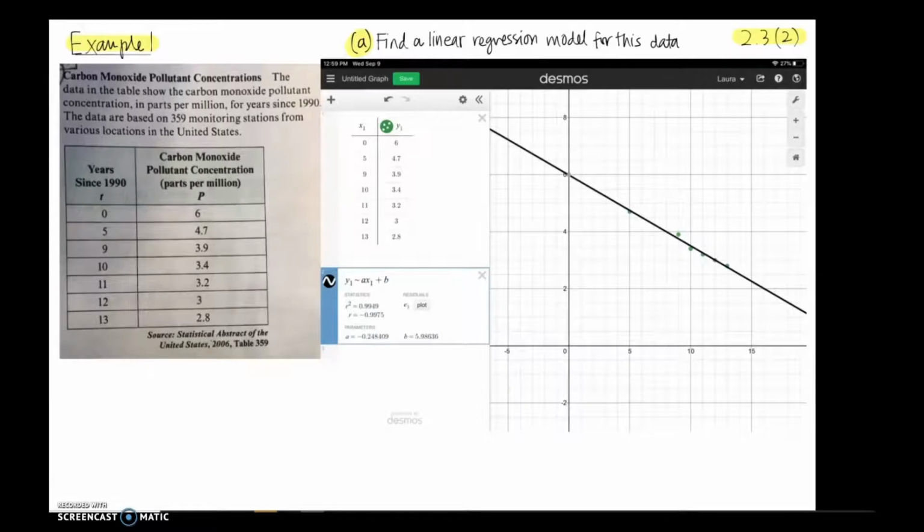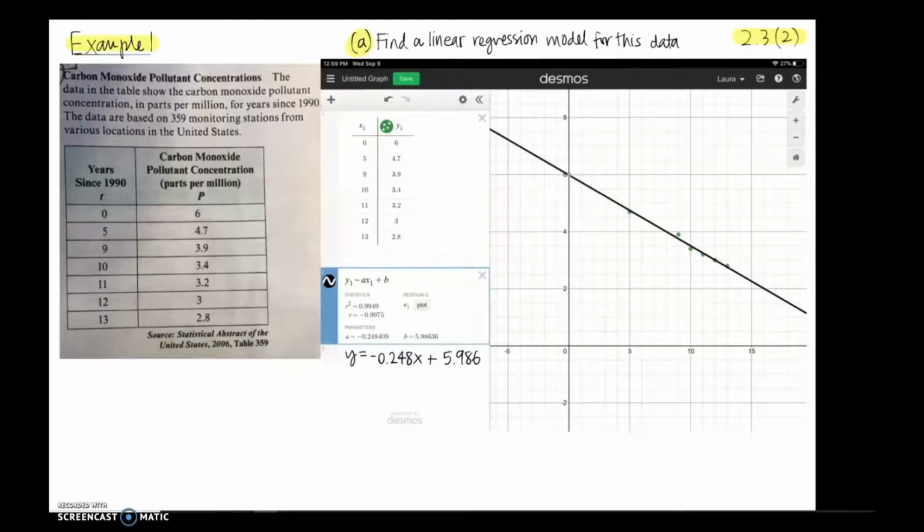So now that I have this linear regression model, I'm going to go ahead and write it out. Desmos has found it for me, but I need to put all the pieces together. And Desmos tells me that my linear regression model should be y equals negative 0.248x plus 5.986.